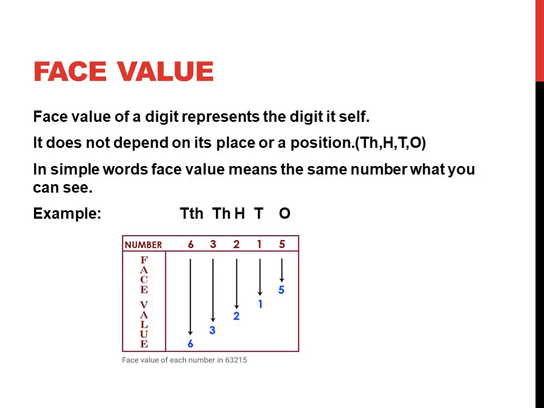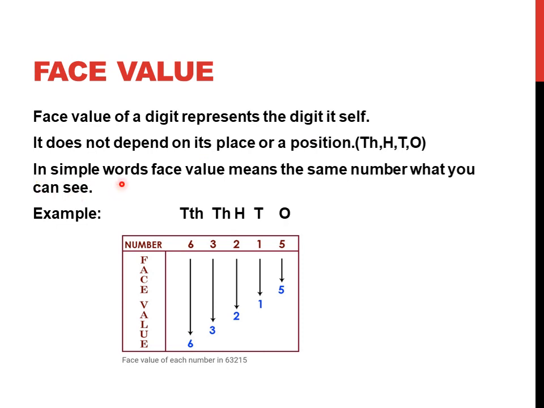So now we are going to learn about face value. We have already learned about place value in detail. So just read these lines, children, along with me. Face value of a digit represents the digit itself. It does not depend on its position. So what does it mean?